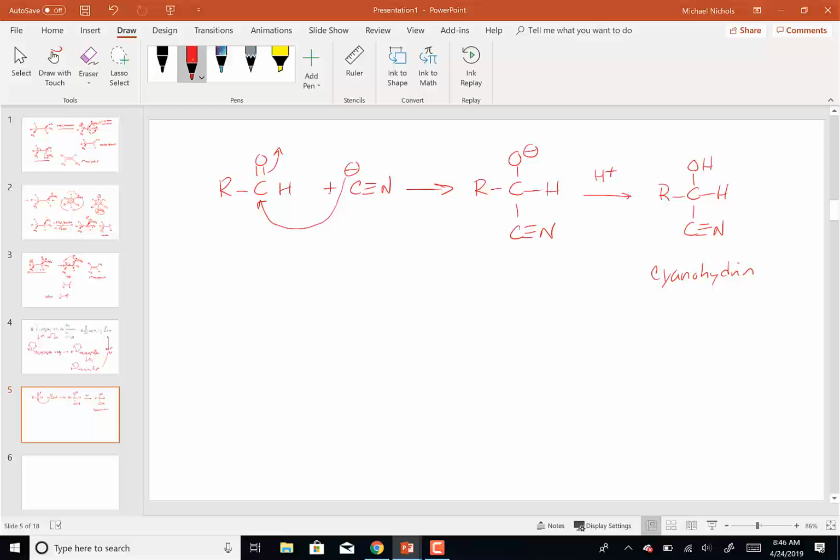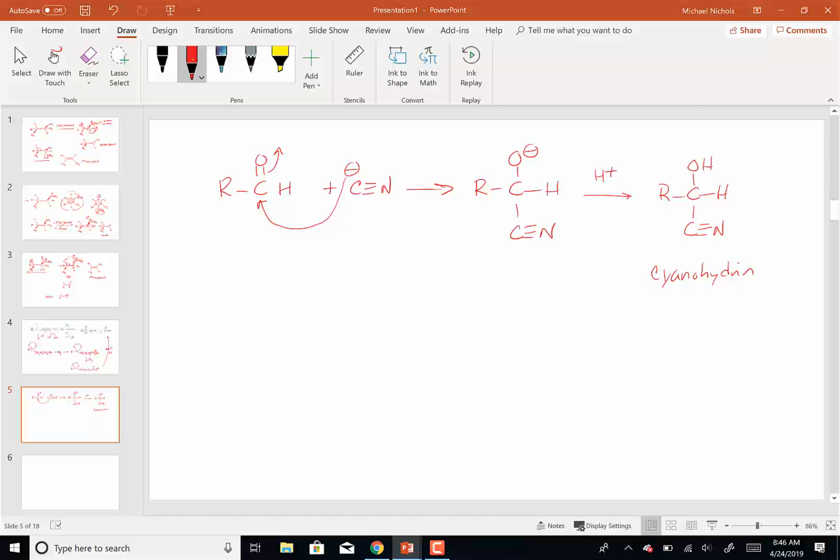And the C triple bond N does. Oh wait, does it go back to a carboxylic acid? So then what I can do with this, and now we know that this C triple bond N is a nitrile. A nitrile is a carboxylic acid derivative.